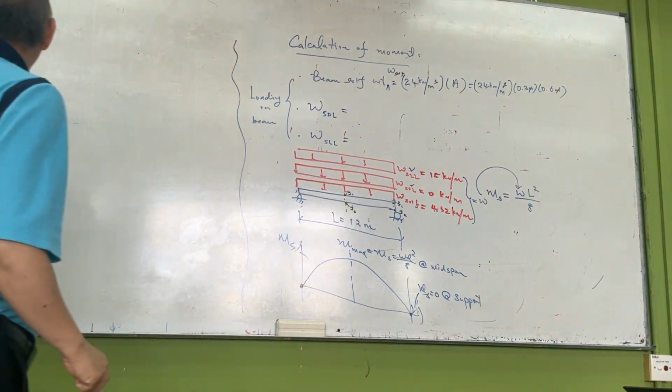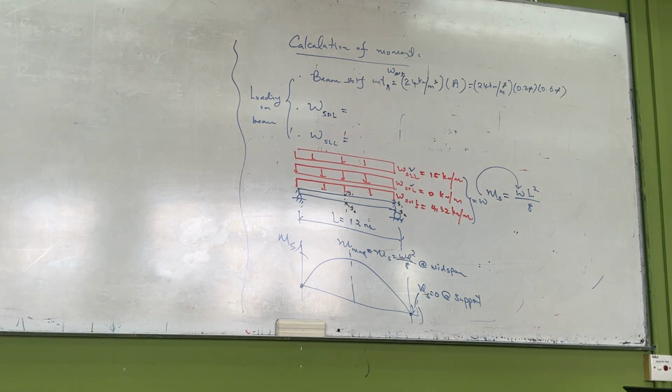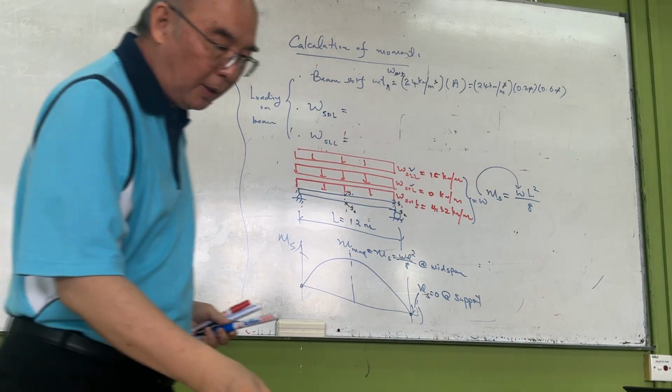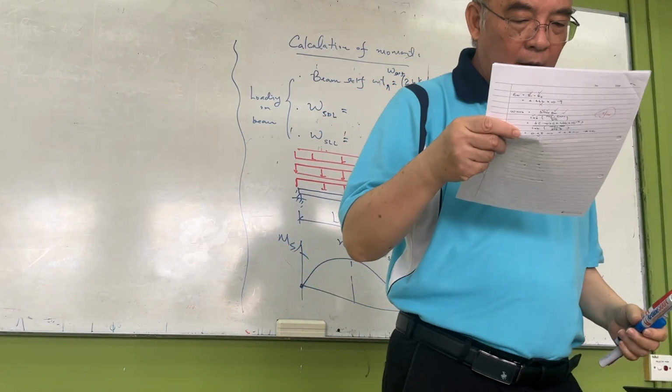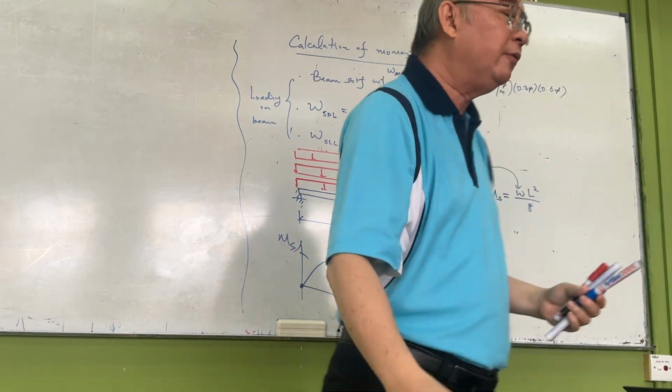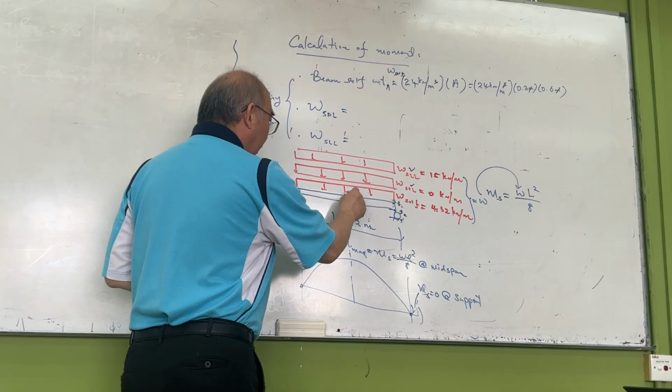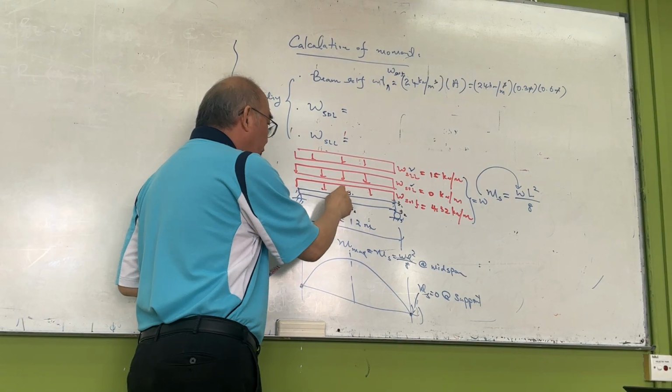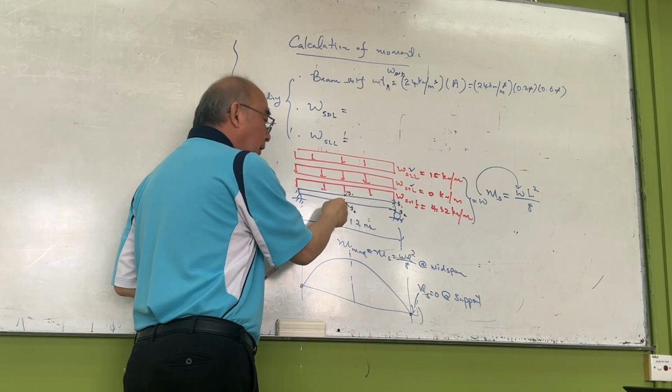Now we come and do the calculation of concrete stresses. Now, part A: calculate extreme fiber stresses. Extreme fiber stresses means F1, F2, the top extreme and the bottom extreme.